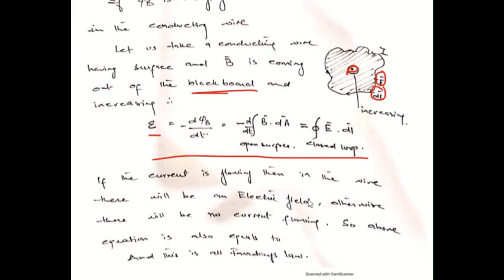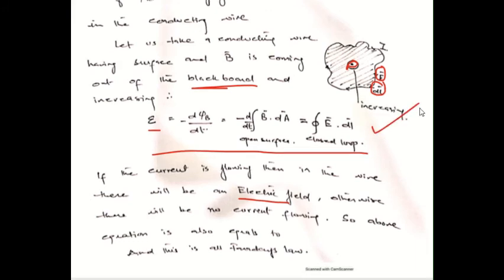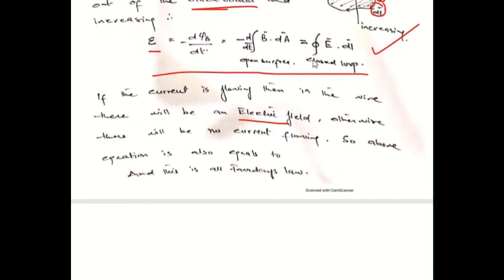So if the current is flowing in the wire, there will be an electric field which is shown in the figure. If there is no electric field, then there will be no current. So this is all about Faraday's law, and these equations tell us that we can have induced EMF if we have rate of change of magnetic flux, and this induced EMF is also equal to the closed loop integral of E dot dl.